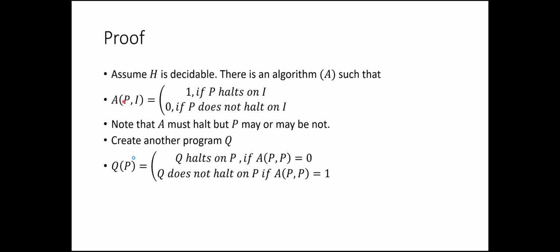Notice that P is a program and I is an input. If you look at a program in a computer's memory, it's a long binary string, and the input I could also be a binary string. So these two inputs are binary strings, and Q accepts just one binary string.